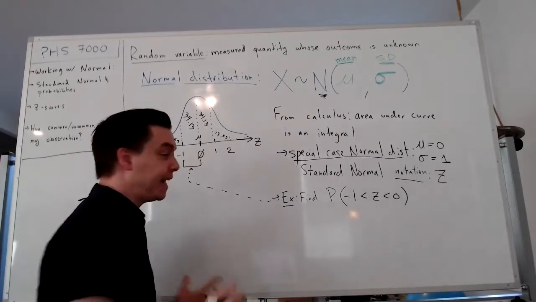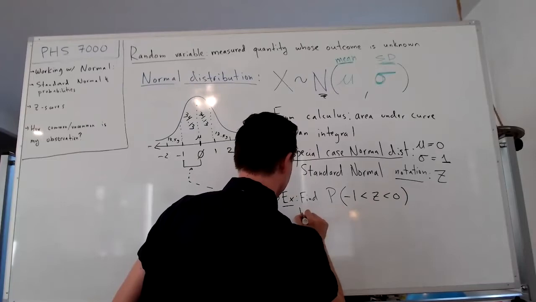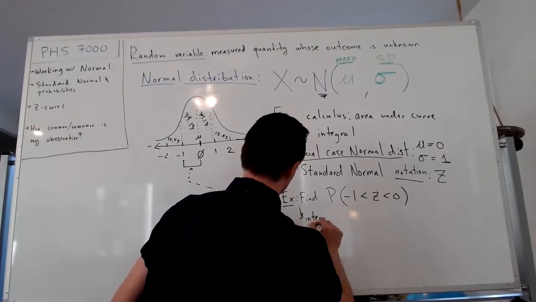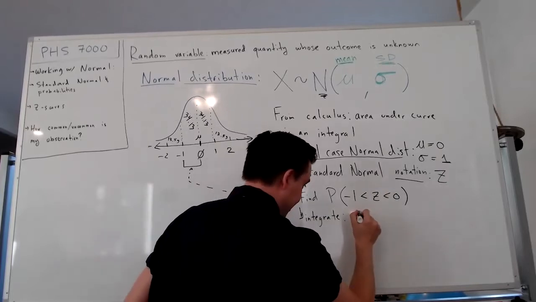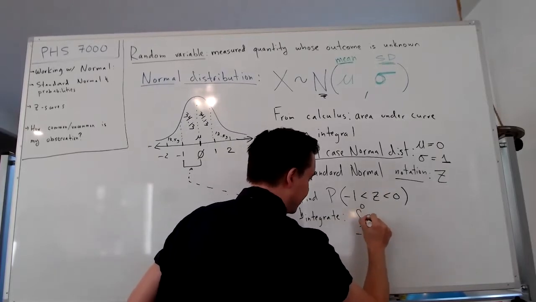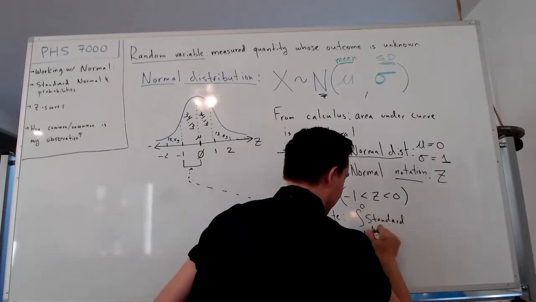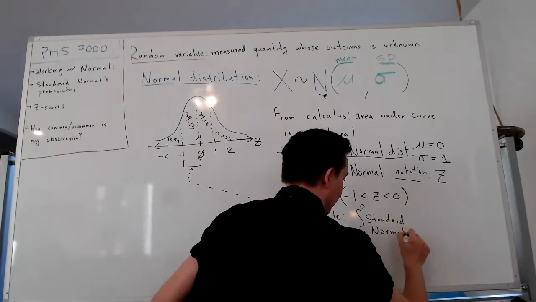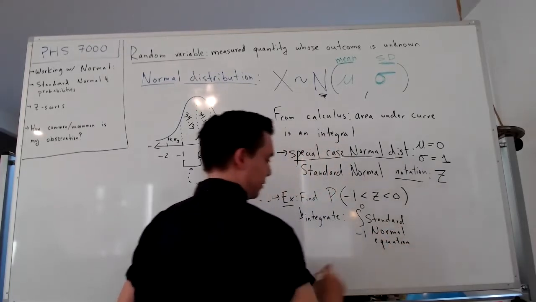So mathematically speaking, I can integrate. And again, you will not be responsible for integrating, but the answer is the integral from -1 to 0 of the standard normal equation.